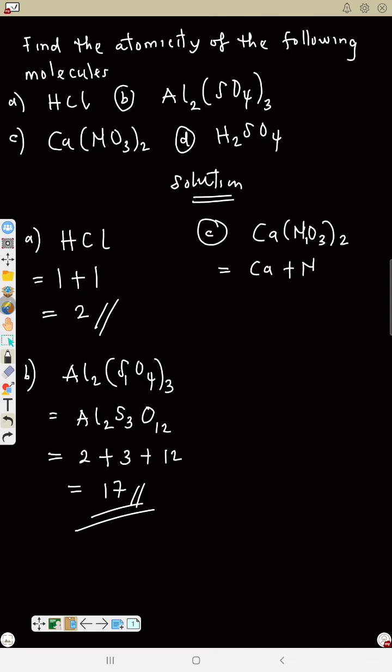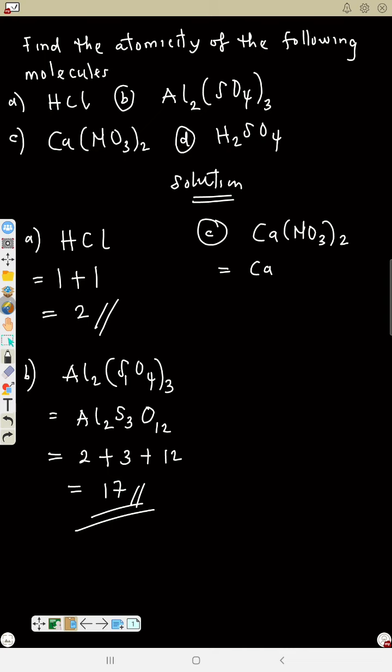So this will become N2, O again, 2 times 3, 6. The number outside the bracket will multiply all the subscripts inside. So like that. So now with this, we can calculate the total number of atoms.